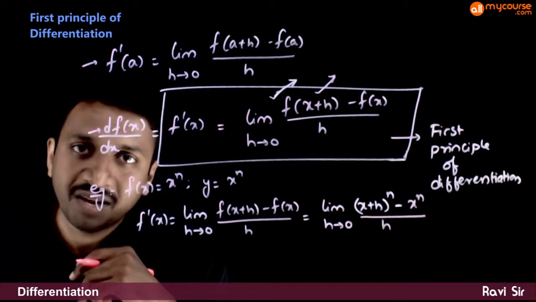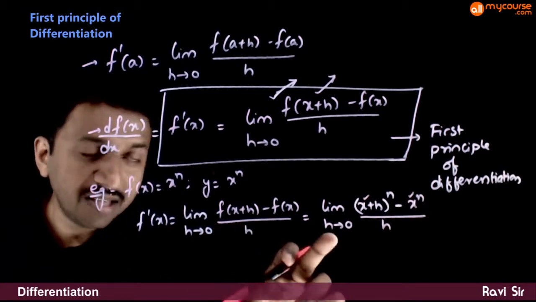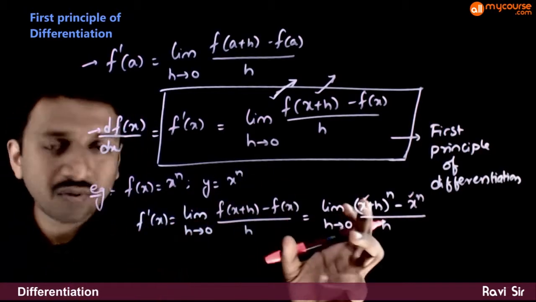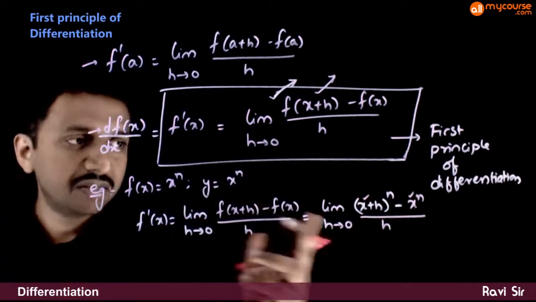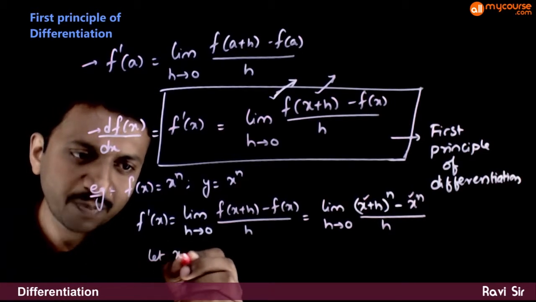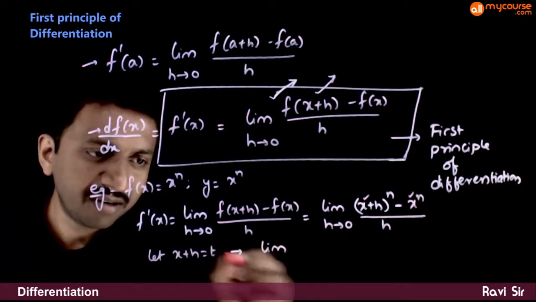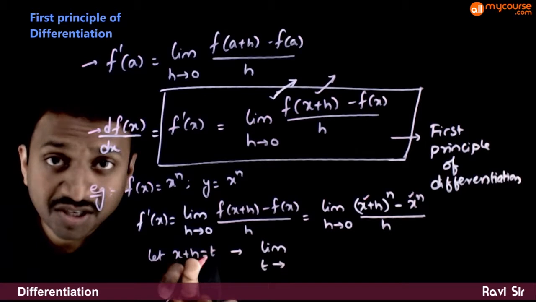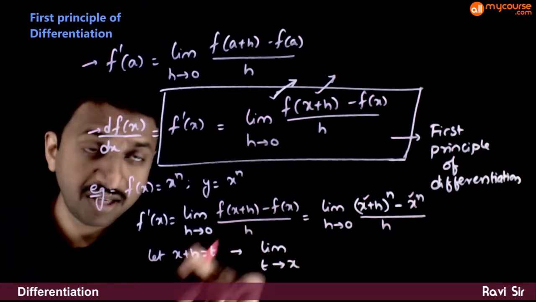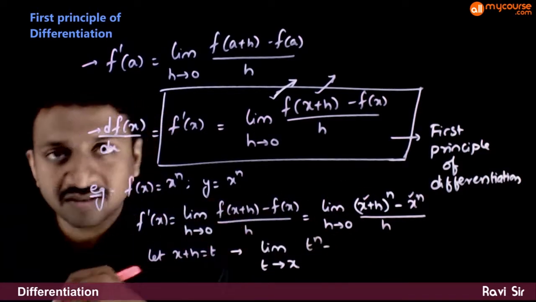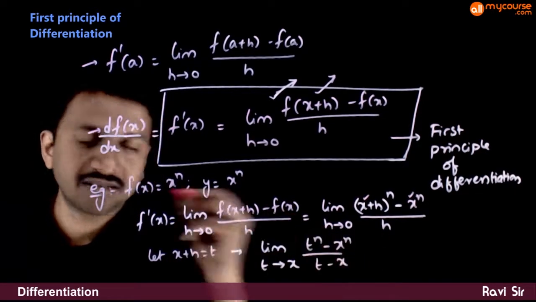So how do you find this limit? So h tends to 0. Here x is a constant with respect to this limit. h is the limit variable. So if this question would have been given in your limits chapter, how would you have solved this question? So what we do is, let x plus h is equal to t. So this limit becomes limit t tends to x, as h tends to 0. And x plus h is t. So this becomes t power n minus x power n by h, which is nothing but t minus x.